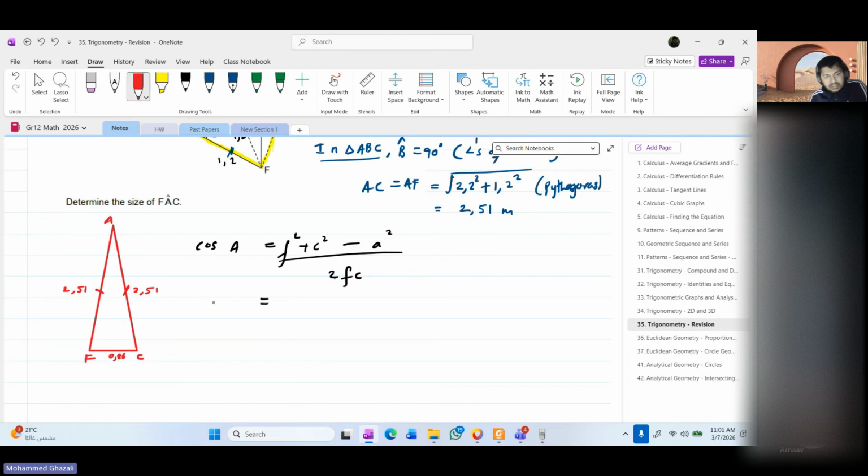What is the opposite side squared? It's 0.86 squared, opposite angle A. And the other two are equivalent, 2.51 and 2.51. So we write 2.51 squared plus 2.51 squared, and divided by 2 times 2.51.